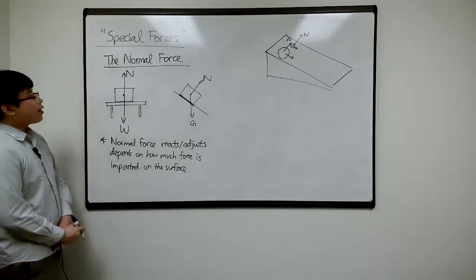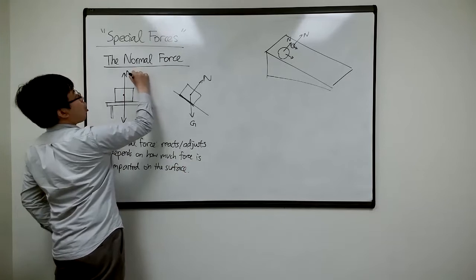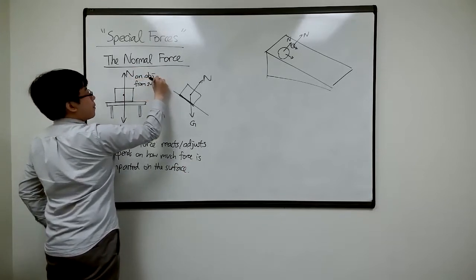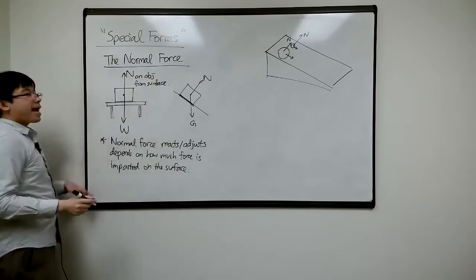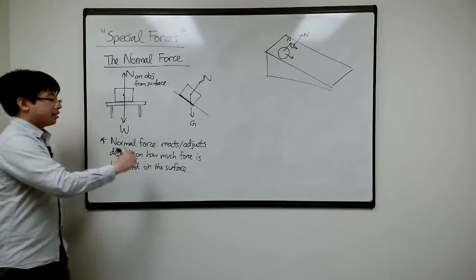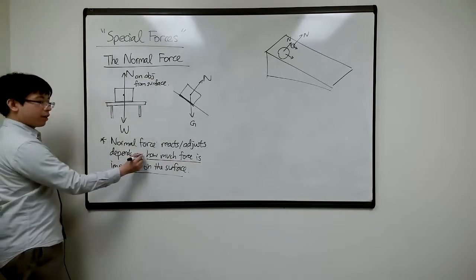Okay, so as usual, the normal force is a force on the object from the surface, but the value of it depends on how much force is imparted on that surface.